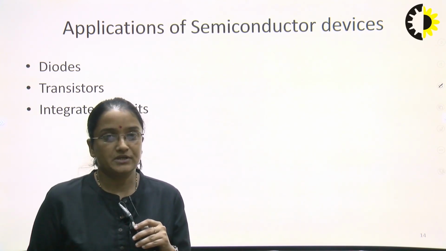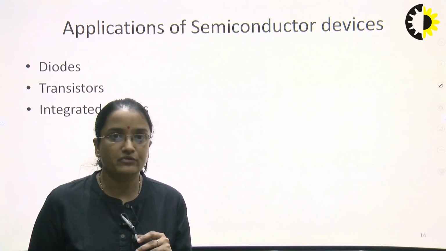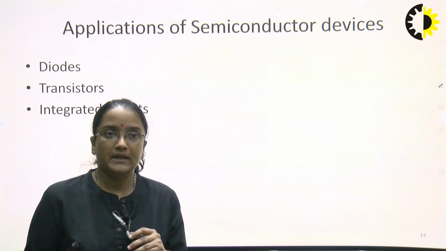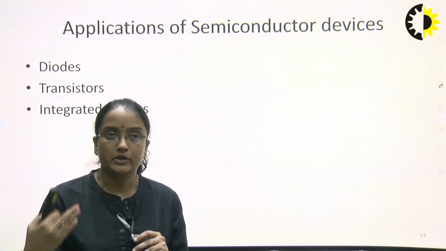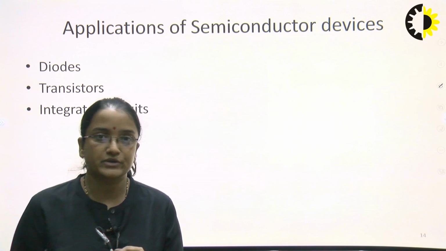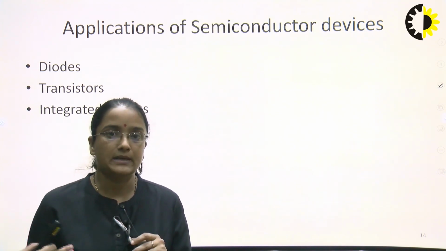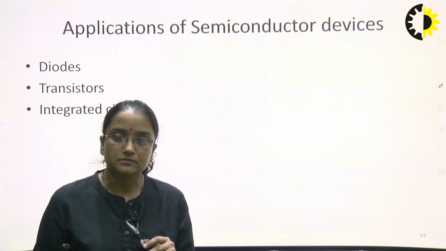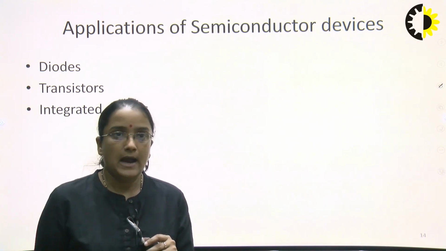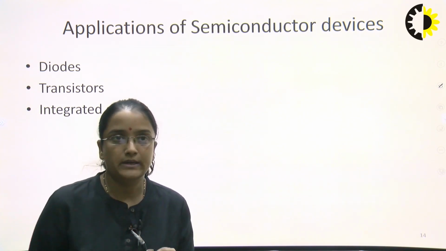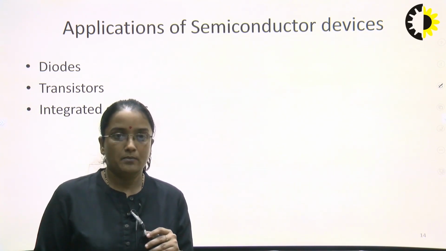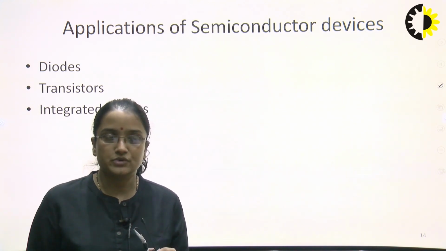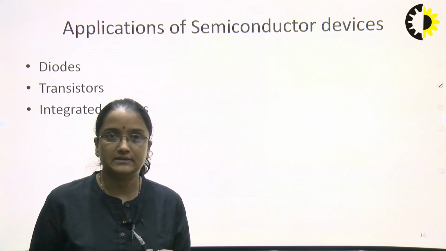The next classification is based on the electrical conductivity of the material, in which we classify electronic devices as conductors, insulators, and semiconductors. Our emphasis is on semiconductor devices because of their efficiency and their wide use in the industry.